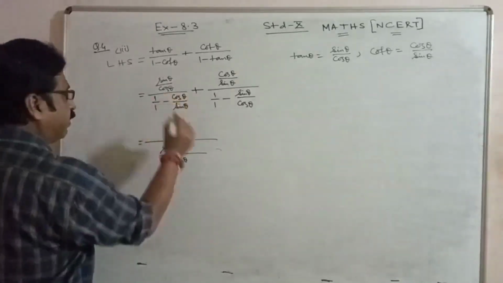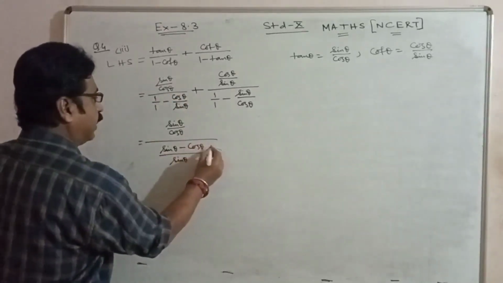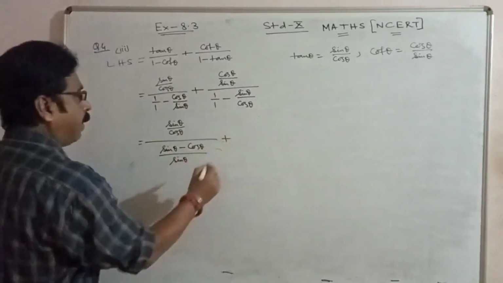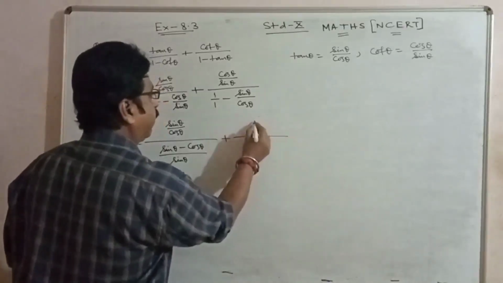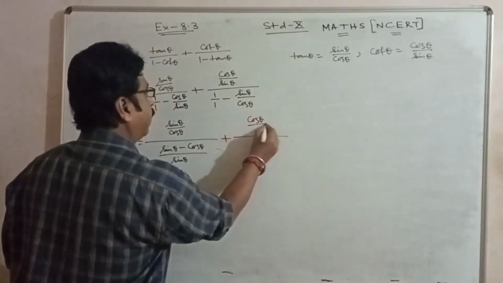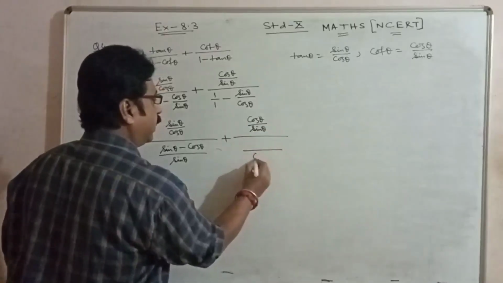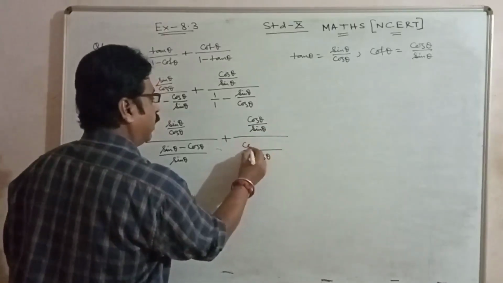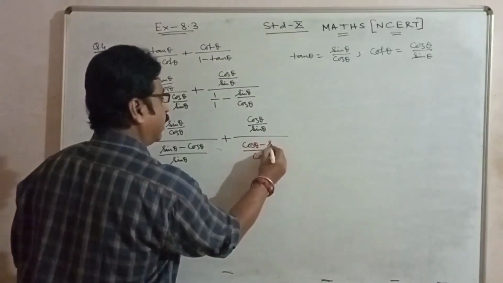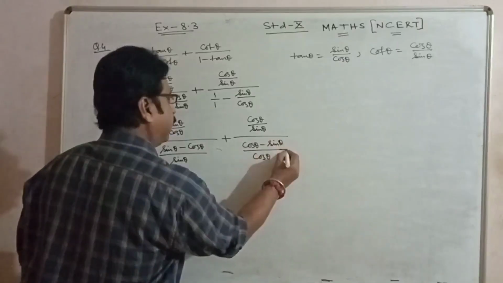That 1 into cos theta means cos theta. Similarly, it will be cos theta upon sin theta, and the denominator is cos theta minus sin theta.